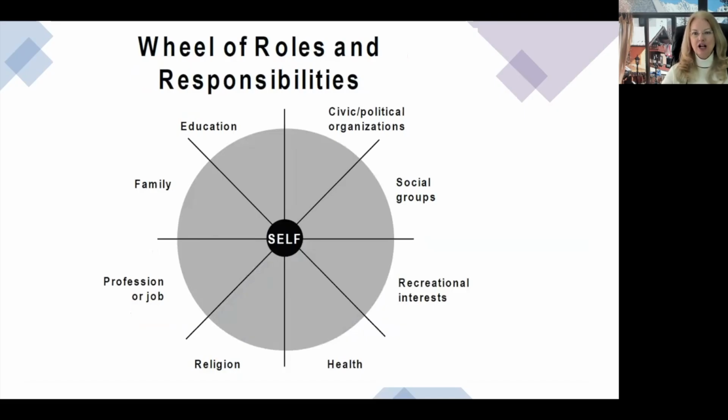So when we're looking at the wheel of responsibilities, I want you to look at yourself as being in the center of that. And then think about all the different places that you encounter people. During COVID, you may have been encountering them on Zoom like this.